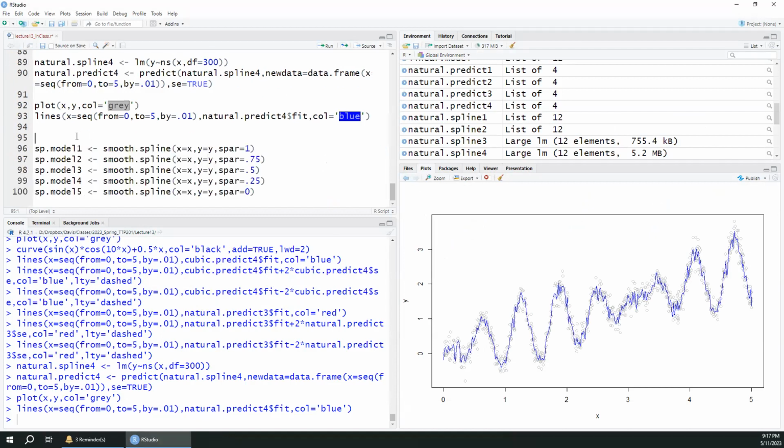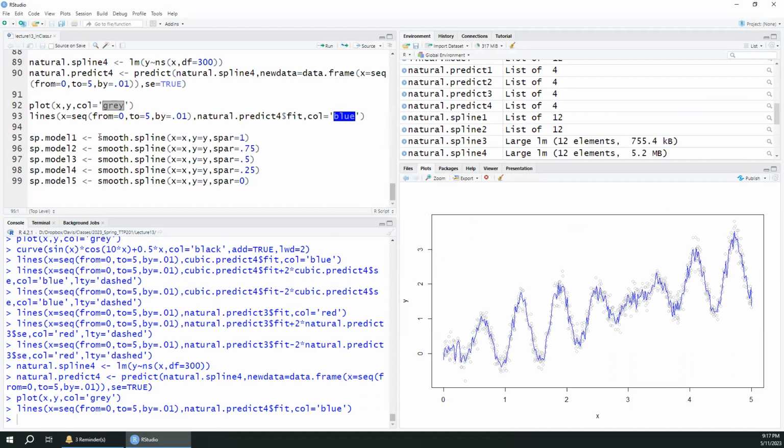Okay, so I'm just going to copy and paste it here. We use a function called smooth.spline. The inputs are a little bit different. You set this up with your X inputs and your Y inputs like so. And this spar represents the tuning parameter value that you want to take.